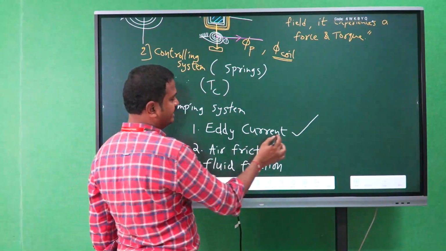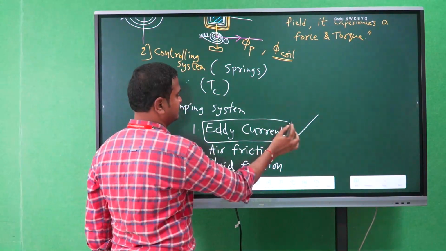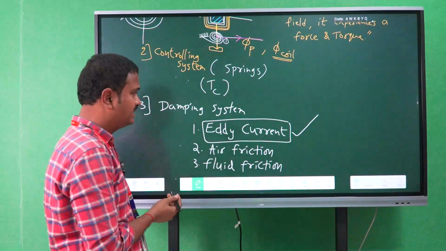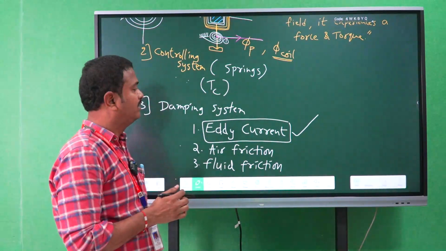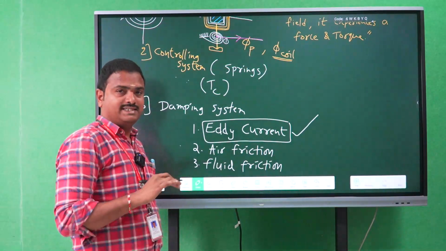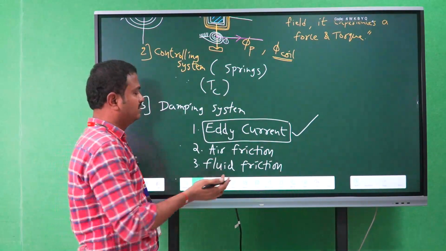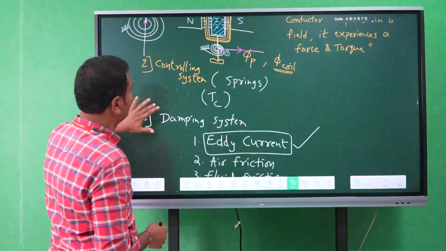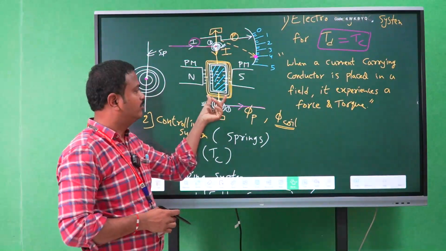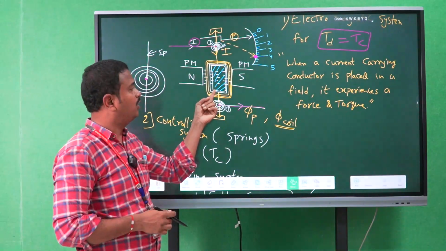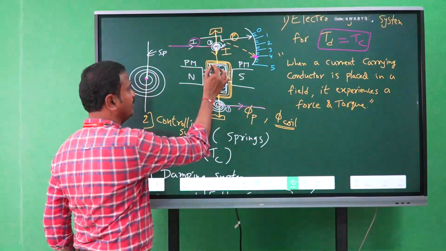So what are the eddy currents? The currents produced by the electromagnetic system on the disc, on the material. That means here we are using deflecting system, right? So in this, moving coil is wound on the aluminum former, right?